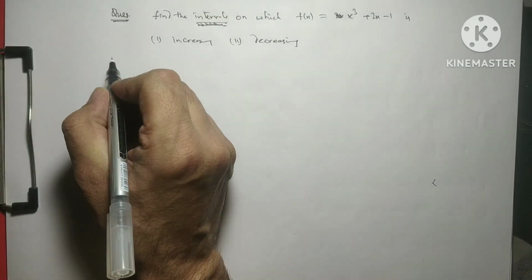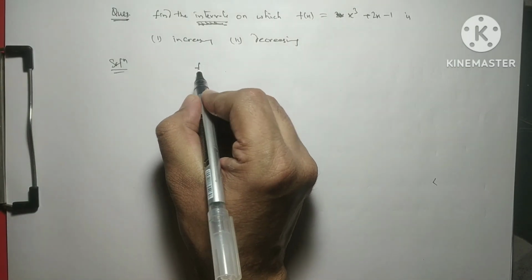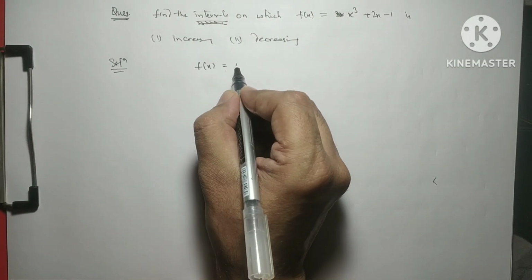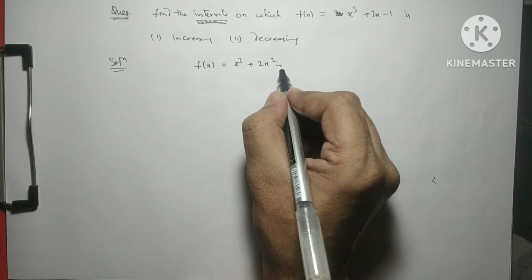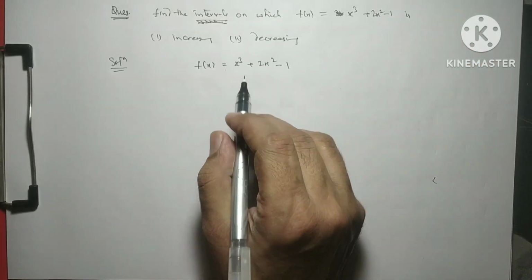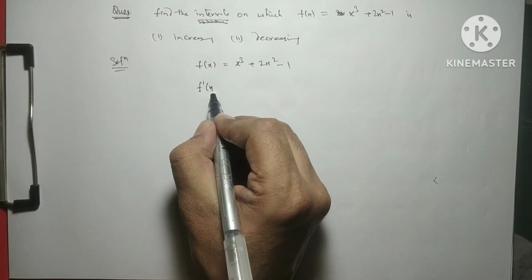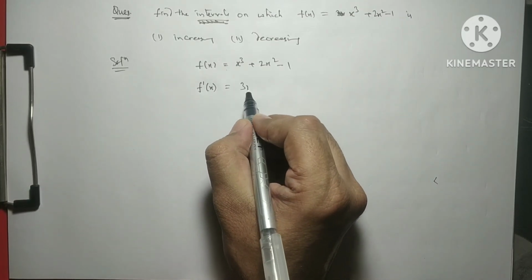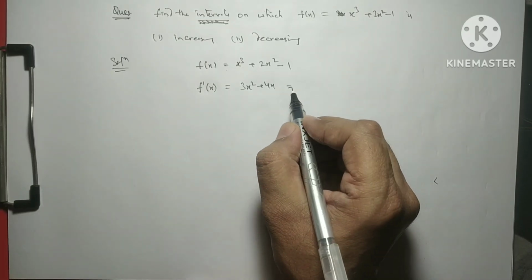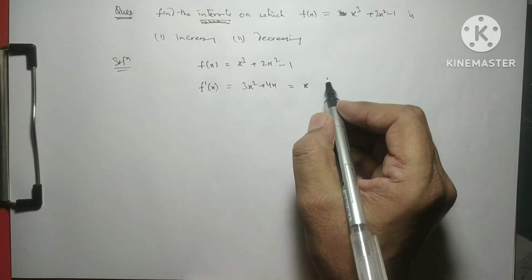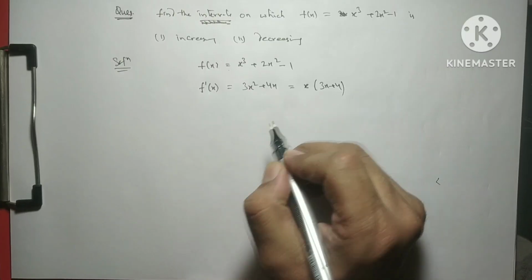So what is the working rule for getting this? First we have the function f(x) equals x cube plus 2x square minus 1. So this is our question. First we will get f dash x, it will be 3x square plus 4x, or on taking x common we get x into 3x plus 4.